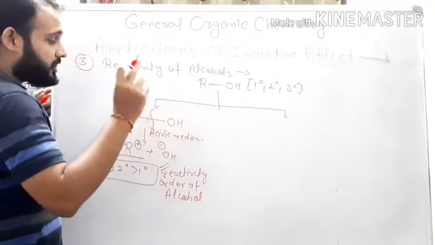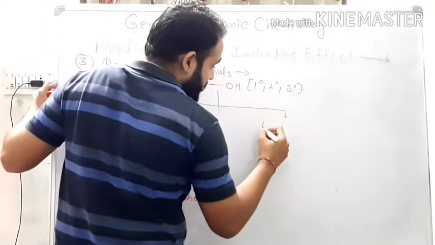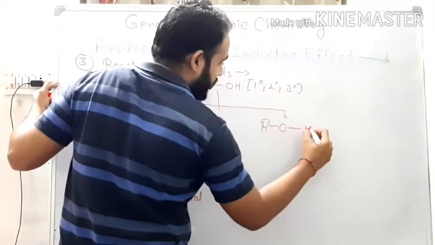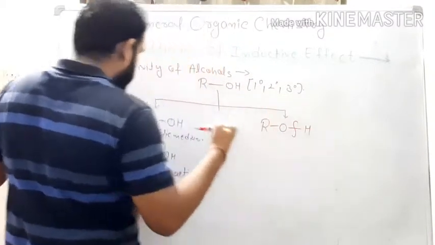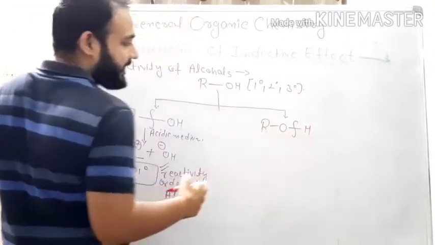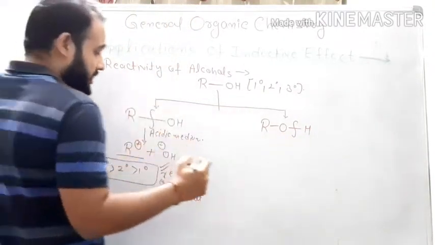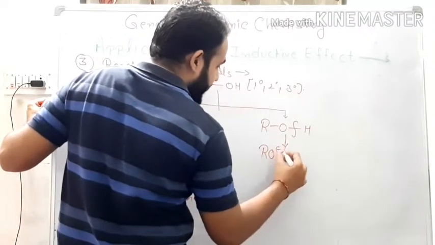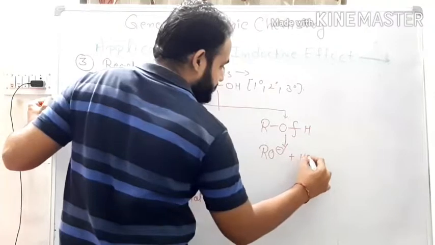Now the other possibility is that the bond cleavage occurs between oxygen and hydrogen. Here the cleavage occurs between carbon and oxygen, there the bond cleavage occurs between oxygen and hydrogen. Because of this we have an RO minus anion and H plus cation.